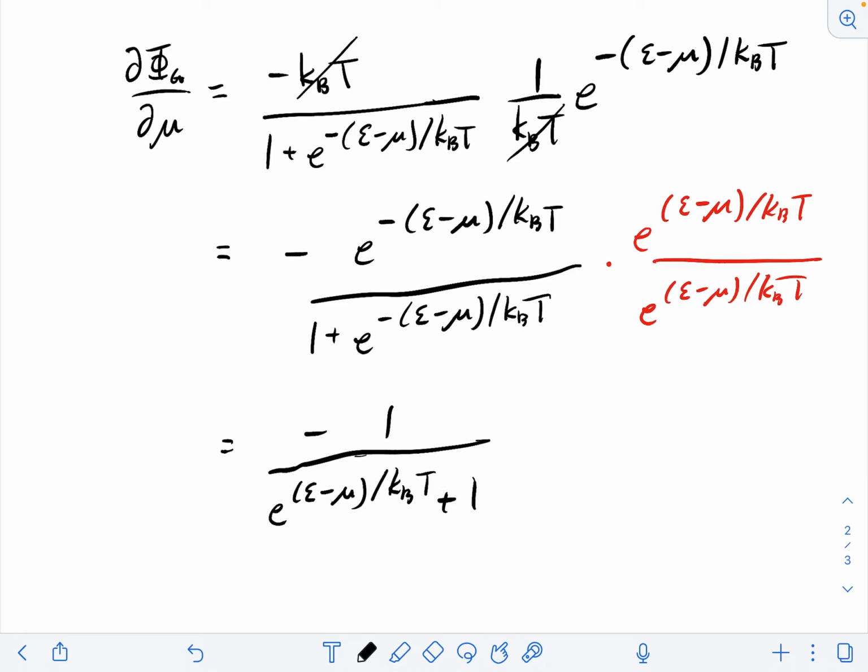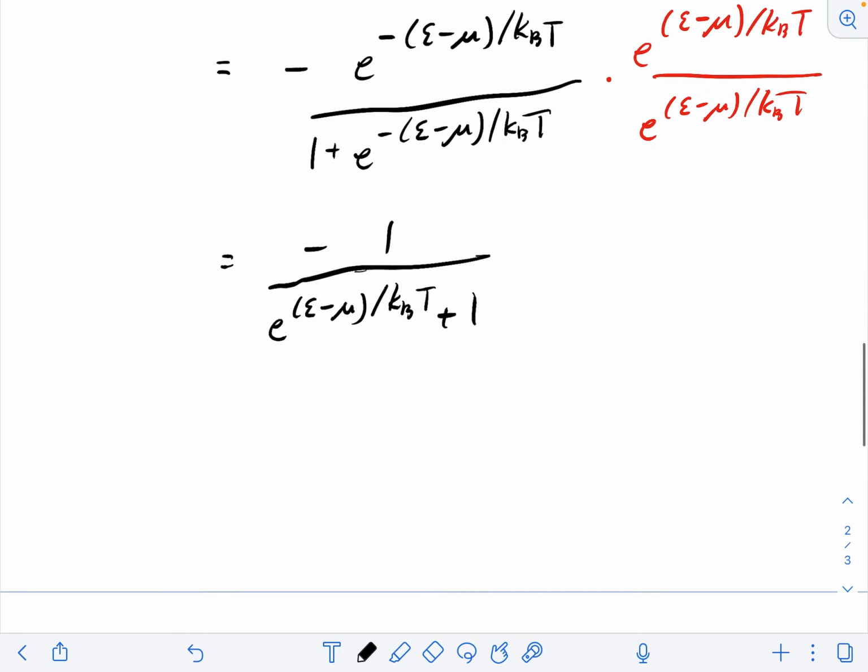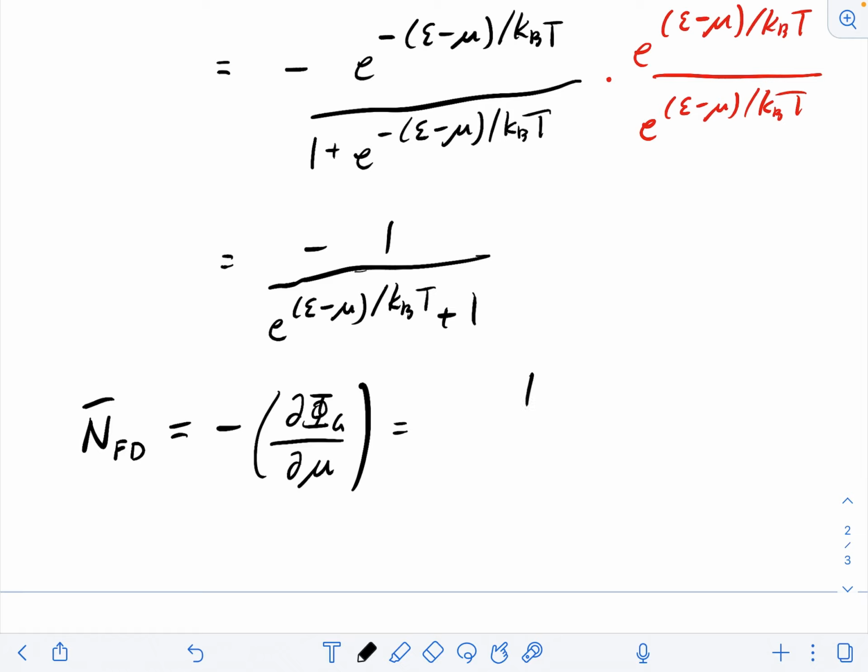So n bar, and this is going to be for fermions, so this will be the Fermi-Dirac distribution, is going to be equal to minus this derivative of the grand potential with respect to chemical potential, and so that just eliminates the minus sign, and we get our result.